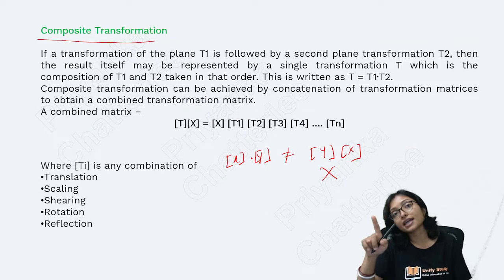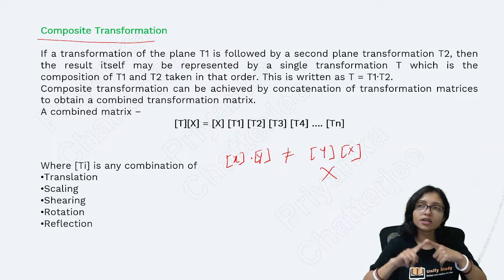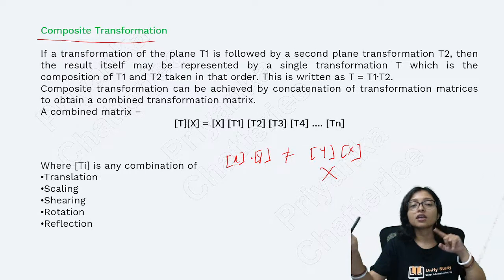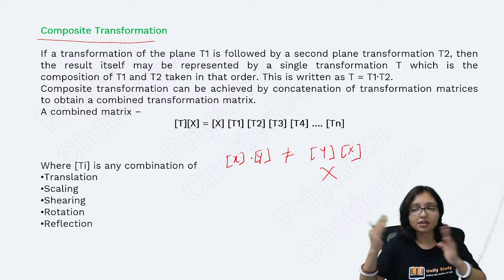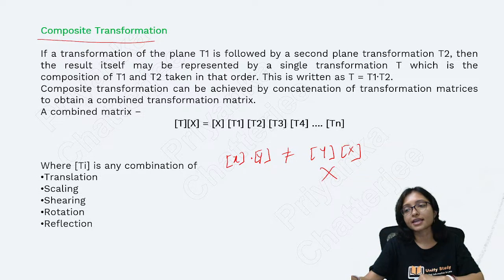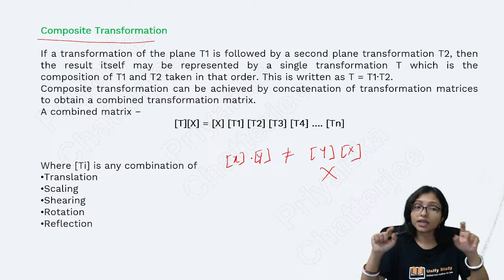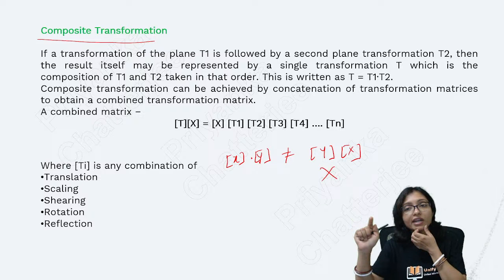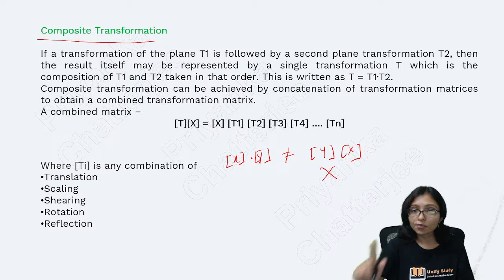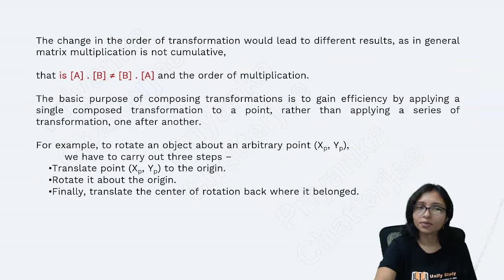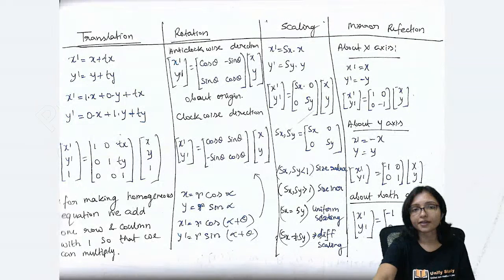If they tell you to do the scaling first, then rotation, you have to follow that only. Don't do rotation first then scaling. Whatever order, you have to maintain it, otherwise your answer will be wrong. So in composite transformation, order is a very important factor.